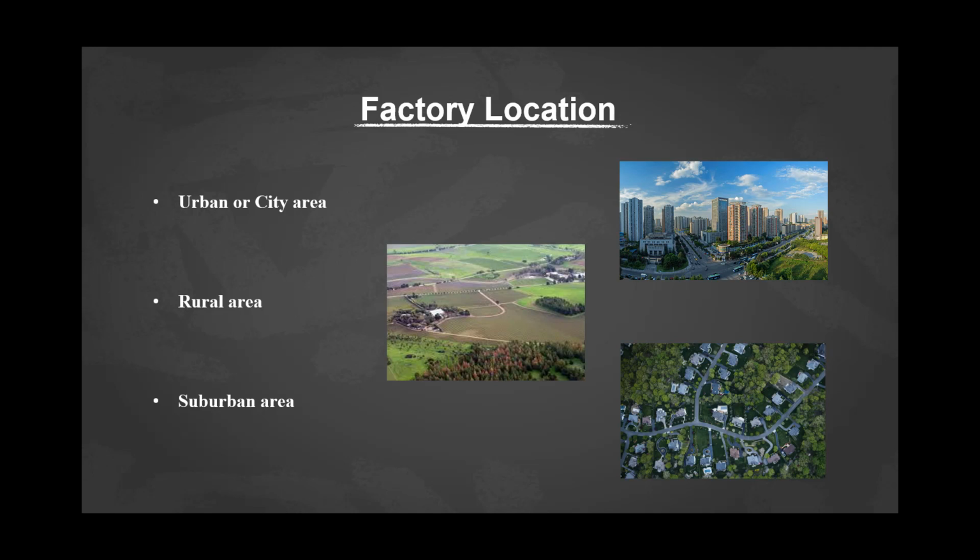Educational institutes, medical facilities, and other recreational facilities are available in the suburban areas itself as well as in the nearby city areas. Next we have factory layouts. There are different types of layouts.